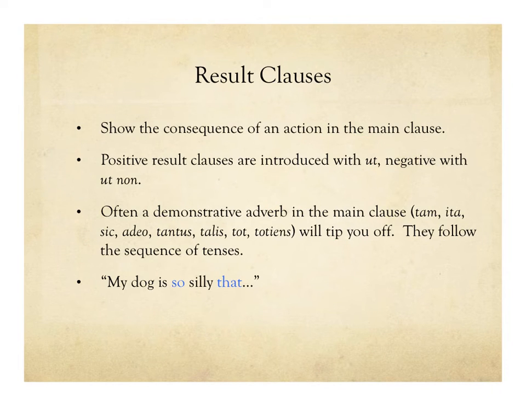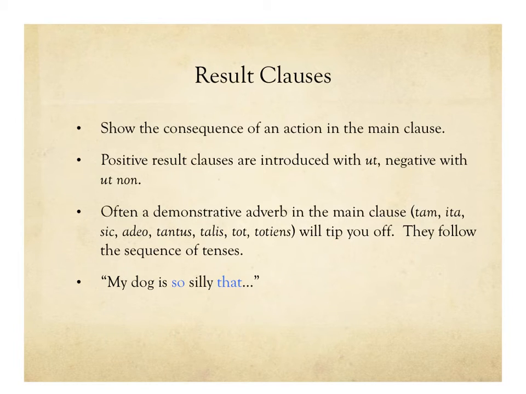Result clauses work the same way in terms of the tenses of the subjunctive that they include. If we're talking about something that is going to be the result of a particular action, that result is going to come after the action of the main verb, not before. And so that's why we're only ever going to use the present subjunctive or the imperfect subjunctive.